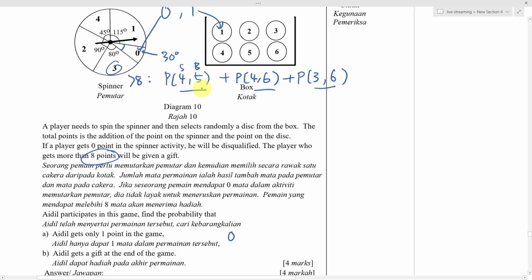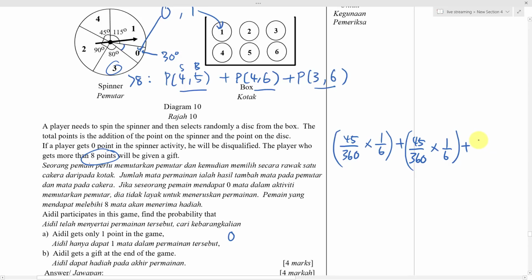Then what I want to do is find the probability of all of them. Alright, the first one is 4, 5. In order to get 4, it's 45 out of 360. And then in order to get the 5 here, it's only 1 out of 6. And plus, in order to get 4 again, it's 45 out of 360, multiply by 6, which is 1 over 6 as well.